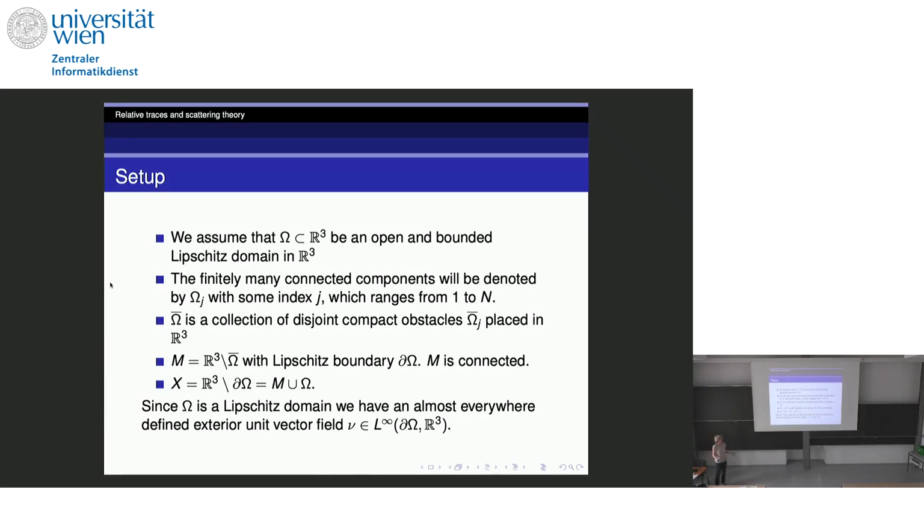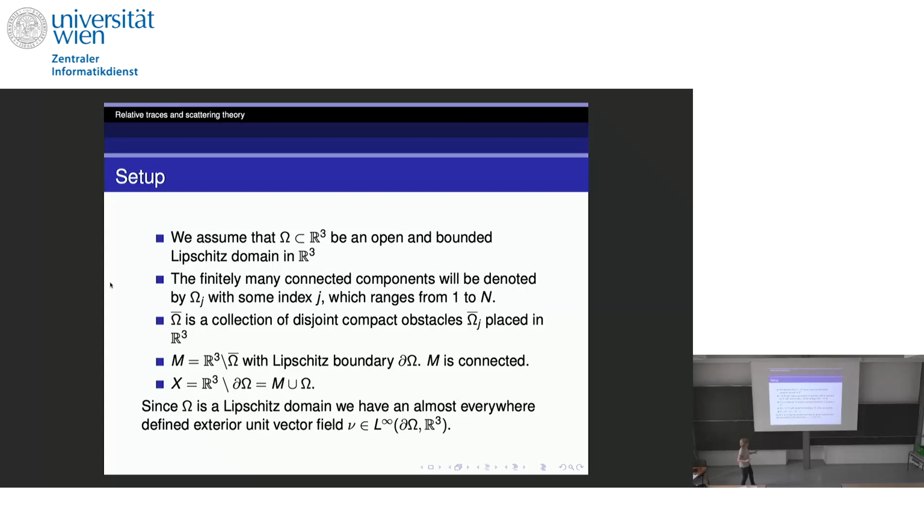So we start off with some collection of open, bounded Lipschitz domains in R3. We'll just focus on R3 for today, so everybody can visualize what's going on. The finitely many connected components are considered little Lipschitz obstacles in space. We can take as many of them as we want, as long as they're finite.